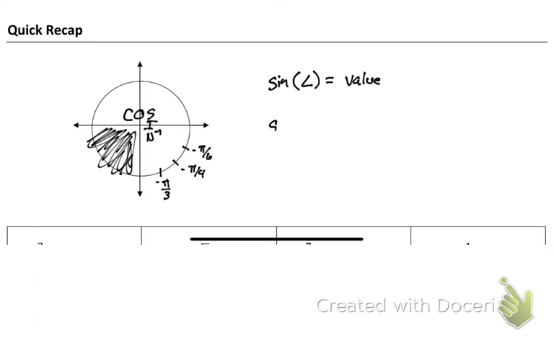When I give you inverses, though, you take an inverse of a value, which are those values on the outside. And the directions to get there is going to be an angle. So if I ask for an inverse of something, your answer automatically has to be an angle. So you're looking for an angle that represents this. If I ask for sine, I'm asking, look at the angle, find a value. Inverse is, look at that value, find an angle.